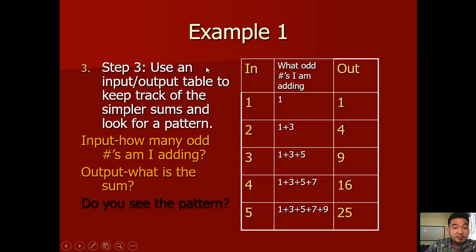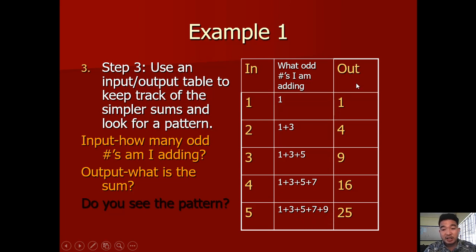Okay? Then step 3 is to use an input or output table to keep track of the simpler sums and look for a pattern. Like for example, we have this table. Your inputs are the first, second, third, fourth, fifth odd number, and then what odd numbers I am adding. The first one is 1, the second is 1 plus 3, third 1 plus 3 plus 5, fourth 1 plus 3 plus 5 plus 7, then fifth 1 plus 3 plus 5 plus 7 plus 9.